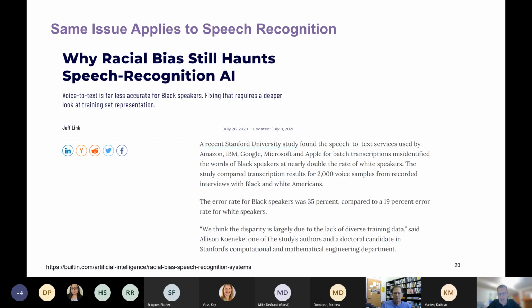And if I pay for that service, I expect that whatever I say should be translated with a reasonable degree of accuracy. But here again, we have racially biased performance because when the software was trained, the share of diverse voice samples was too low to allow the system to properly recognize that information.